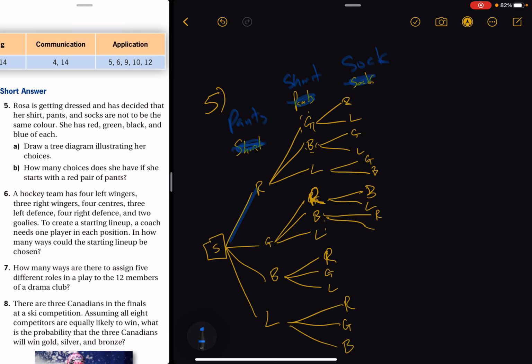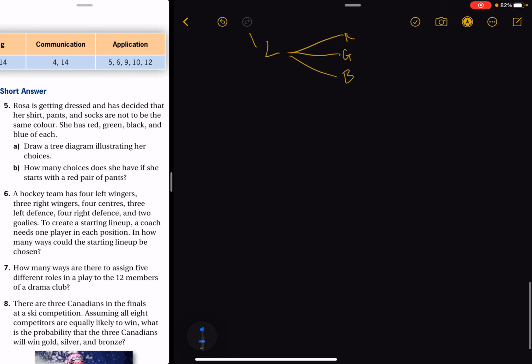If I choose my red pair of pants, I just have to choose my shirts, and I have 3 choices there, and socks, and I have 2 choices there, so 3 times 2, which is 6 possible choices. Okay, and that's how number 5 is done.